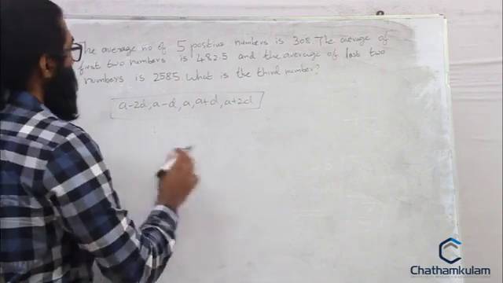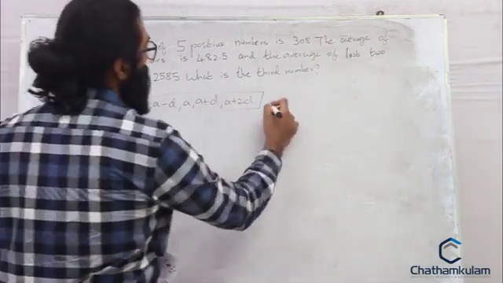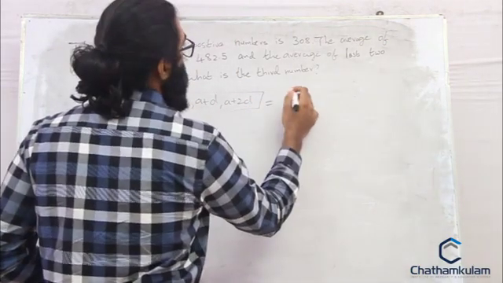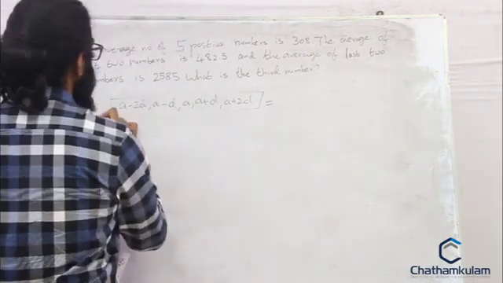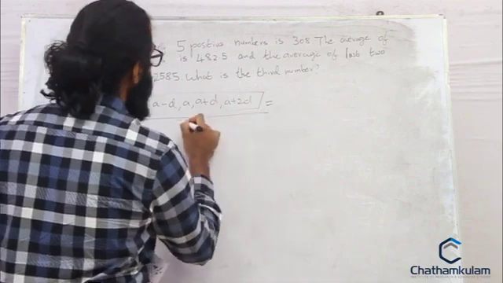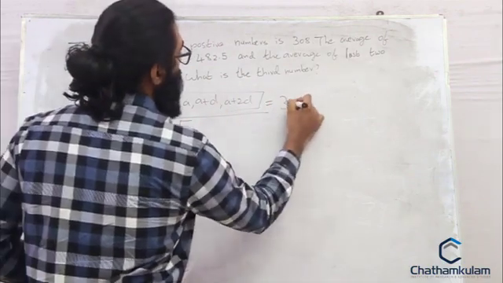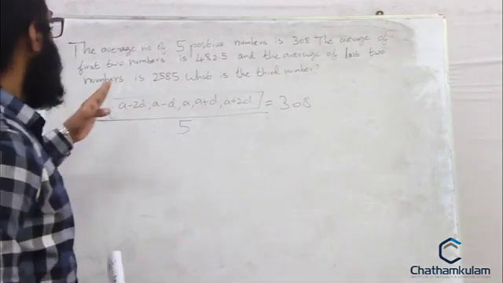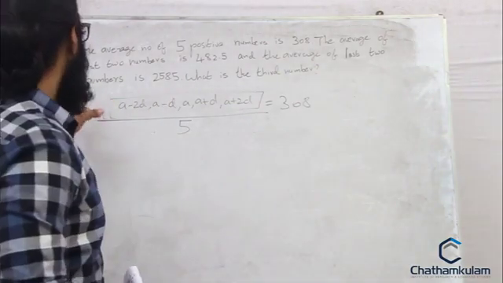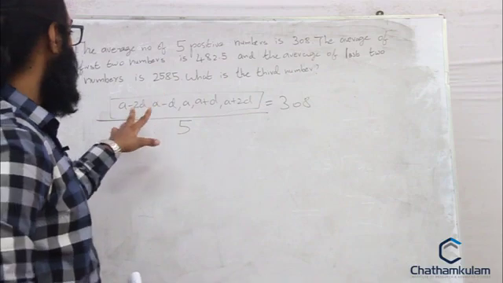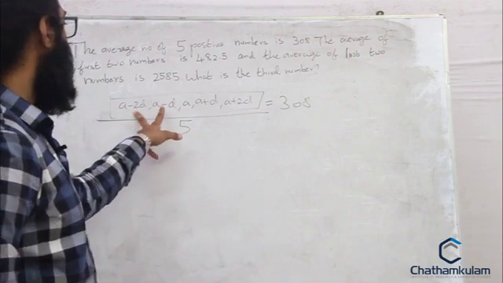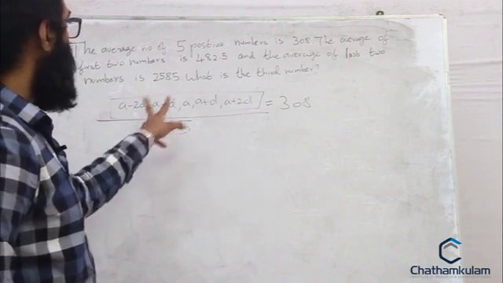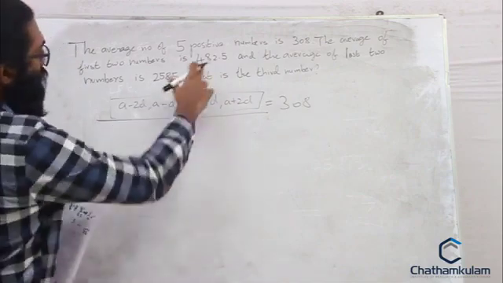So the average of these 5 numbers is given as 308. So while taking average, it is divided by 5 is 308. So this is given in the question. It's also given that the average of the first 2 numbers, that is a minus 2d and a minus d, is 482.5.